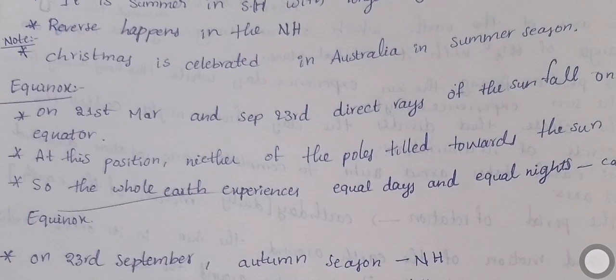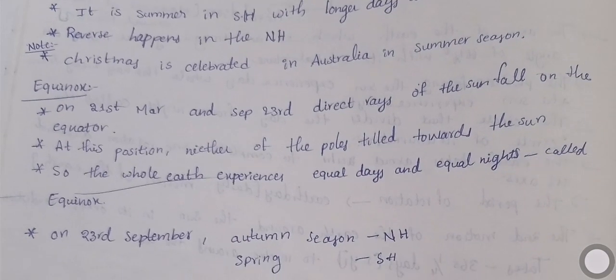Next, about the equinox. The equinox happens on 21st March and September 23rd. In this, direct rays of the sun fall on the equator. In this position, neither of the poles is tilted towards the sun. That is, it is in the middle position.